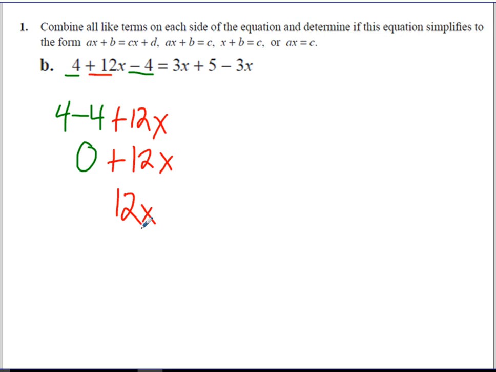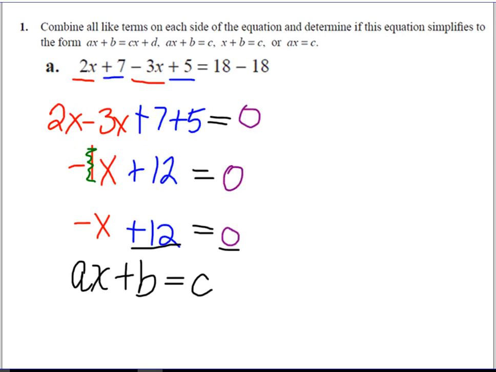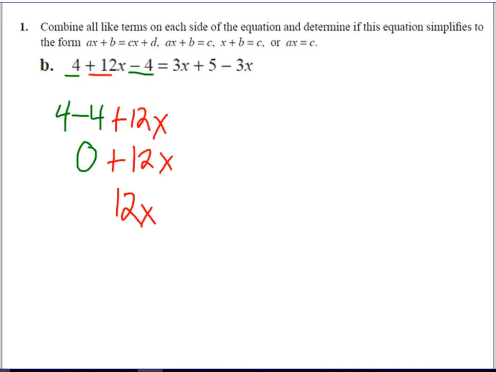We have just 12x. Now for our first question, if you look at that one, 0 was the only thing on the right side of the equal sign, so it had to stay. Where here, when 0 is being added to something else, it's not necessary to write that, so it can drop off. Here we have our equal sign. And we start combining like terms on this side. We come across the same thing when we have our x's that we're combining like terms together.